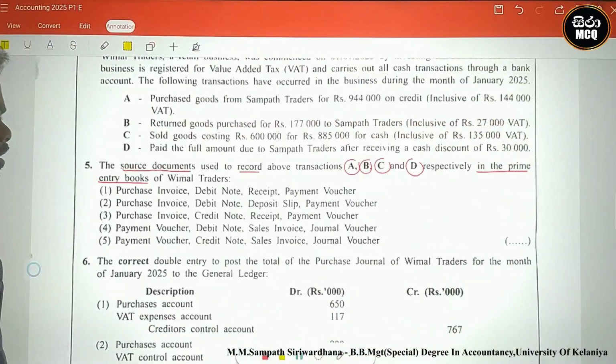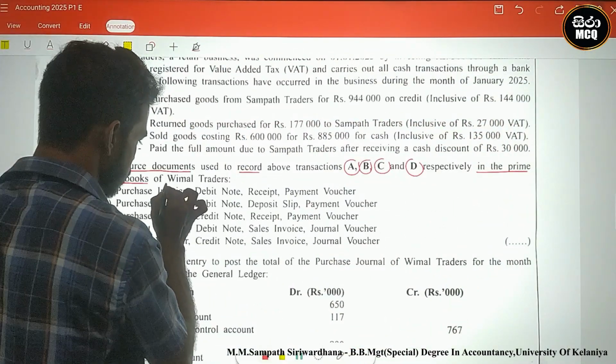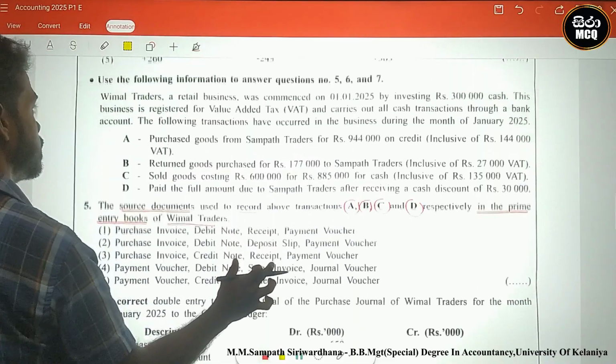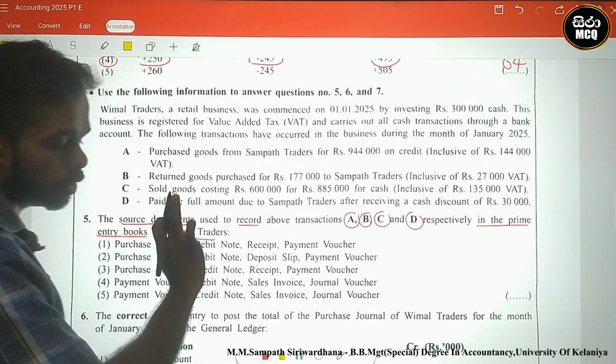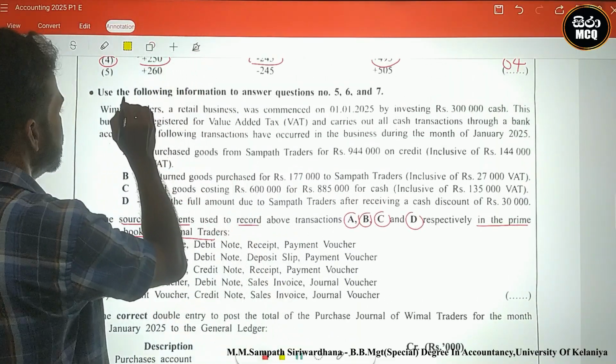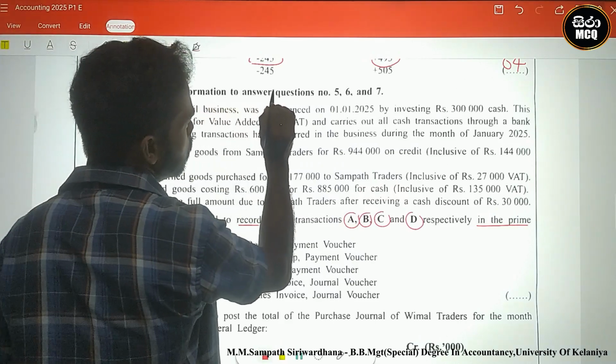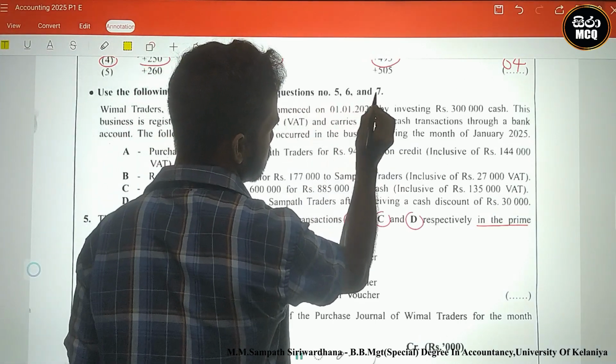Look here, in Vimal Traders, this is the information about A, B, C, D. Use the following information to answer question numbers 5, 6, 7.